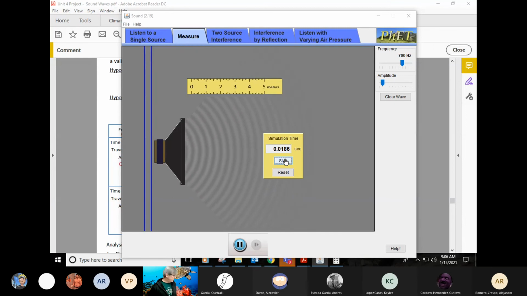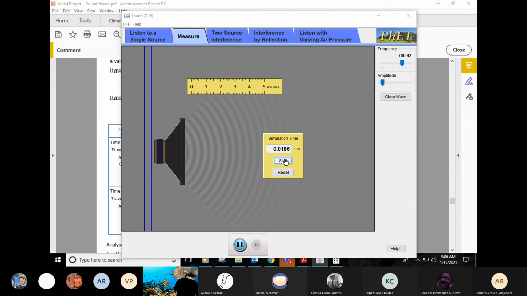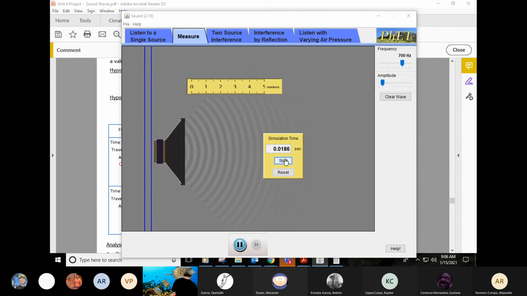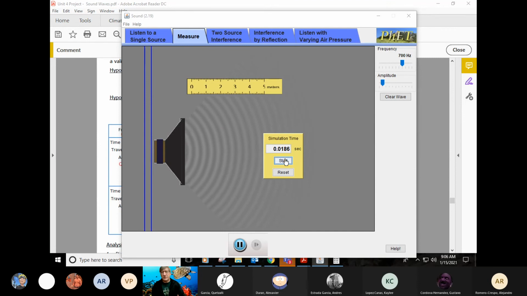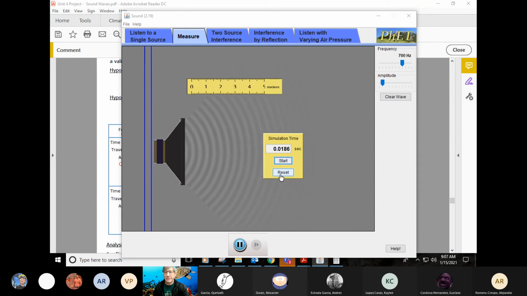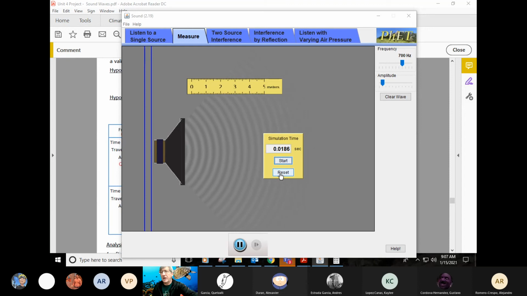0.0186. Record that in your data table. 700 hertz, trial 1. And we'll move on to trial 2. I'm going to reset it.